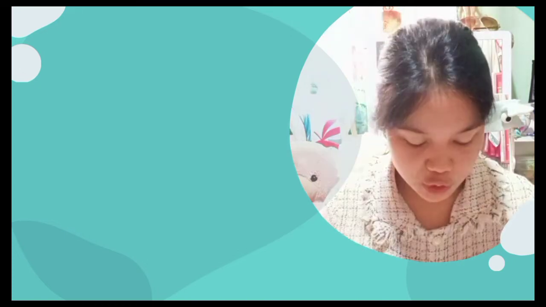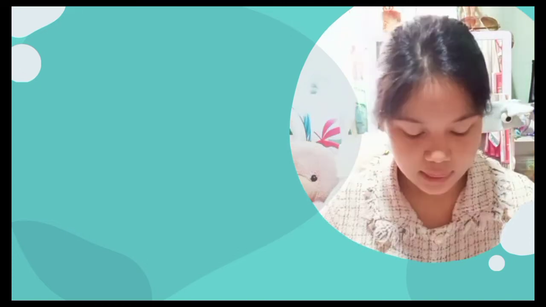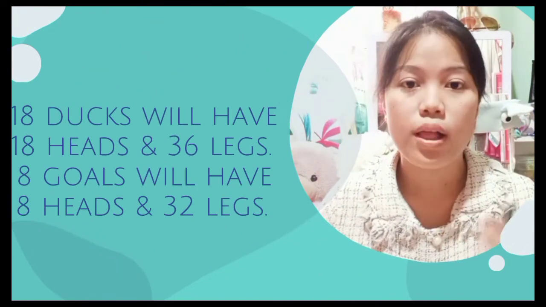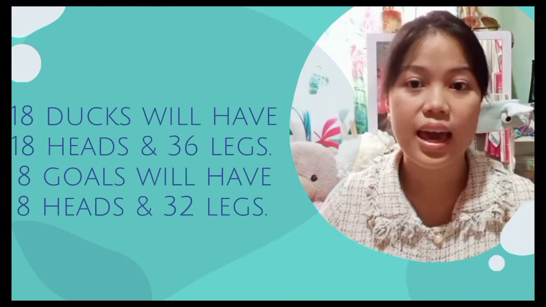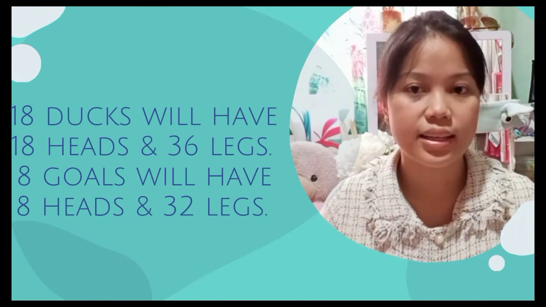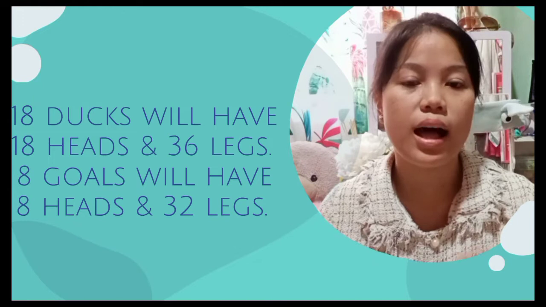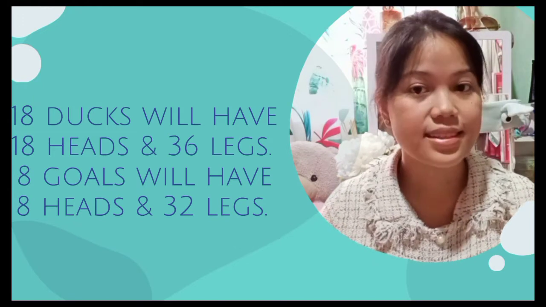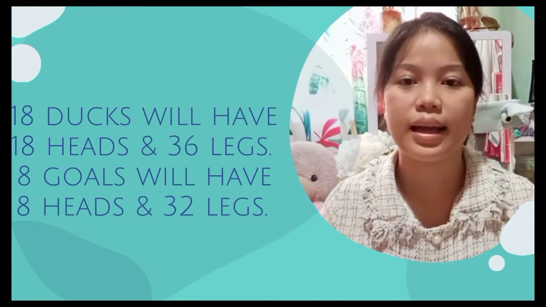So now we know the right response. It's 8 sheep and 18 ducks. Now let's check if we guessed it right. 18 ducks will have 18 heads and 36 legs. 8 sheep will have 8 heads and 32 legs.